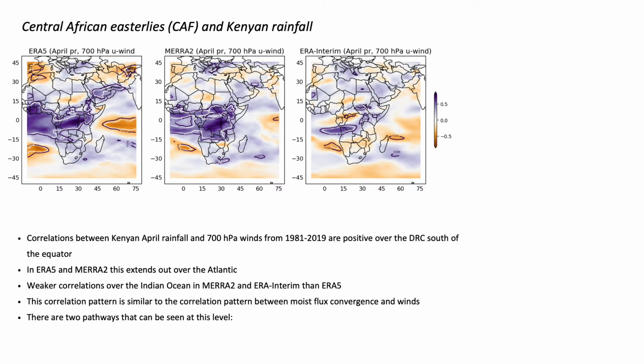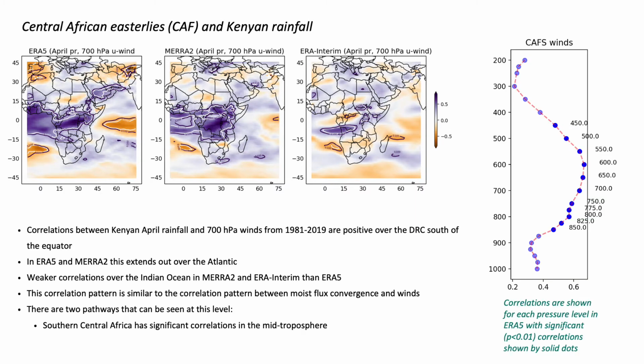The correlation patterns here are also similar to the correlation pattern between moisture flux convergence and winds, which is quite important. And if you look at, for example, MERRA-2 specifically, you can really clearly see that there are sort of two pathways here at this level.